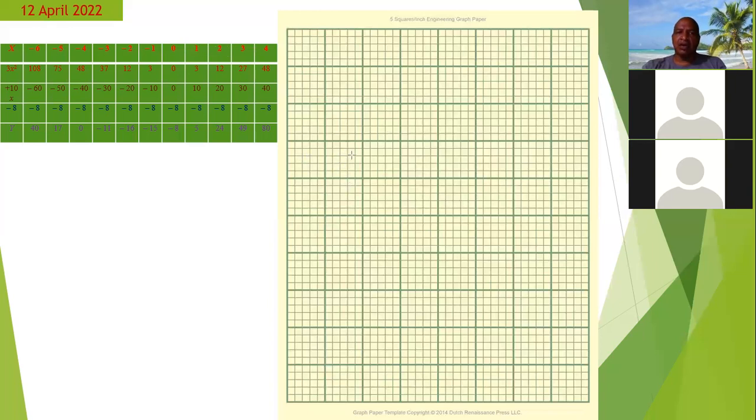So the question now: do we have enough space with these centimeter boxes to get 6 to the left and 4 to the right?